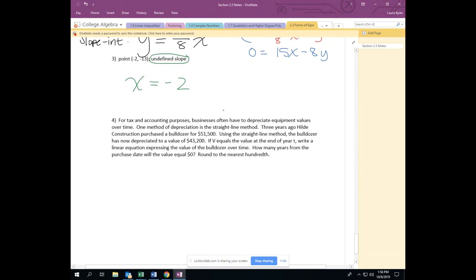All right. Let's talk about this application problem. This application problem is dealing with the cost of a bulldozer. And it's talking about depreciation, which means that the price of it is going down, decreasing over time.